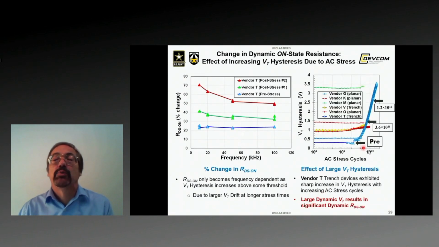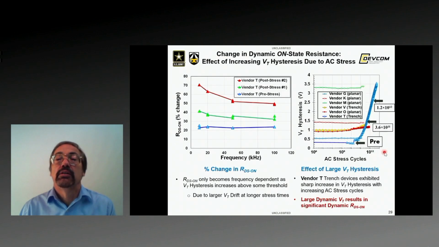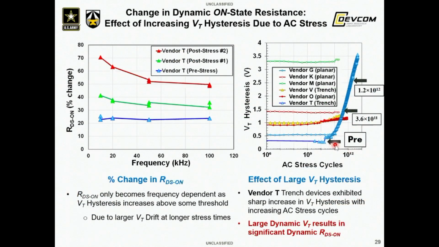And finally, here we're looking at the vendor T trench device. We're showing 3 curves, one for pre-stress, one after mid 10 to 11 cycles, and one after a little bit more than 10 to 12 cycles. And again, plotting versus frequency. Pre-stress, it's very flat and relatively small. As you start seeing degradation, the amount of dynamic RDS on increases, and it gets up to 70% at 10 kilohertz at room temperature.